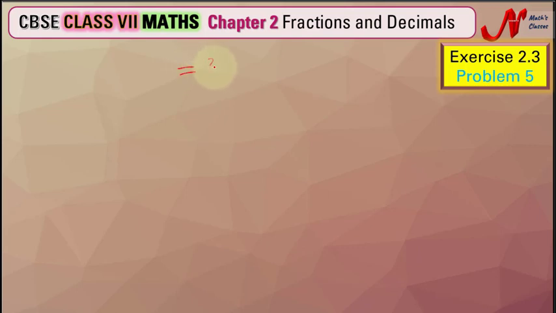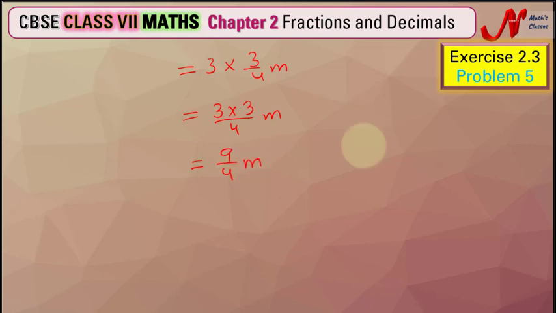Here 3 into 3 by 4 meters can be written as 3 into 3 by 4 meters, which is equal to 9 by 4 meters. Here 9 by 4 is an improper fraction.